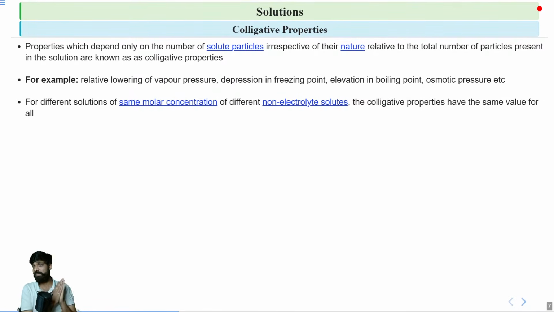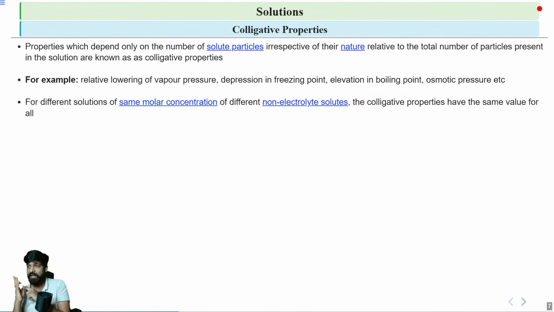Okay, so what is the meaning of this? Suppose you are taking three different types of non-electrolyte solute. One is C2H5OH, which is a non-electrolyte, that is ethanol. Second, you are taking glucose, C6H12O6, and third, sucrose, which is C12H22O11.